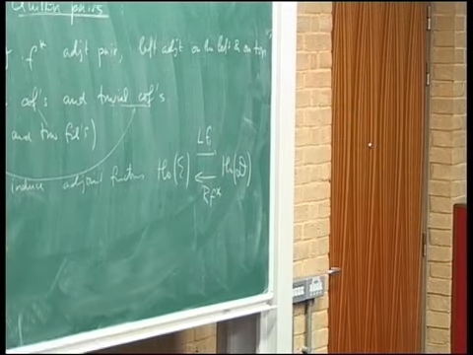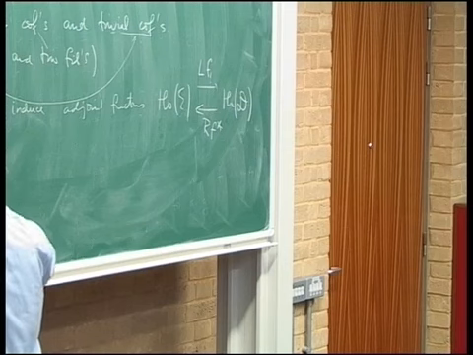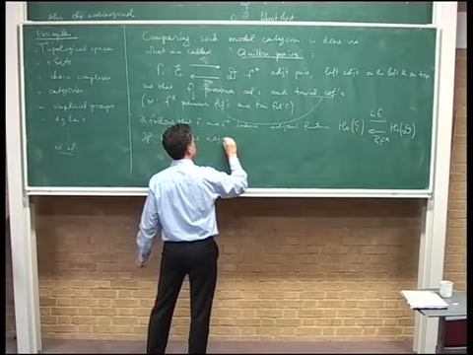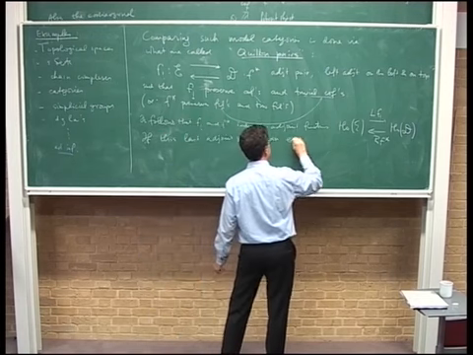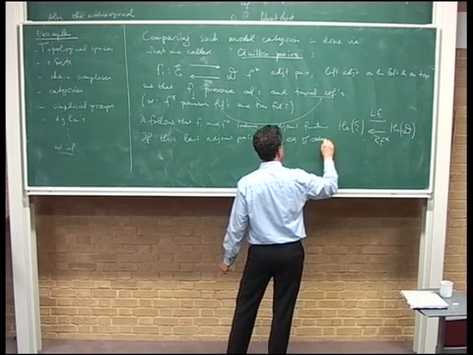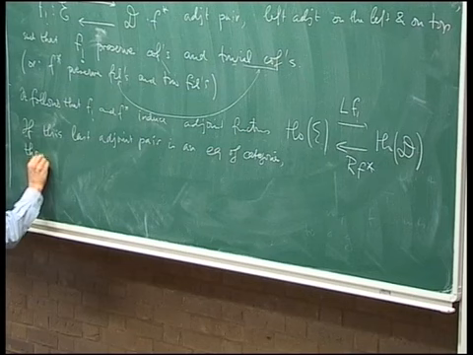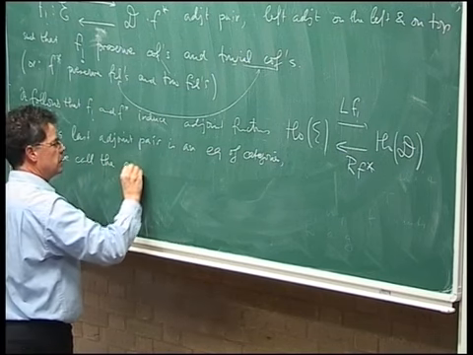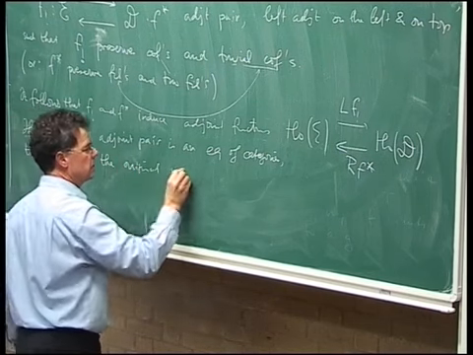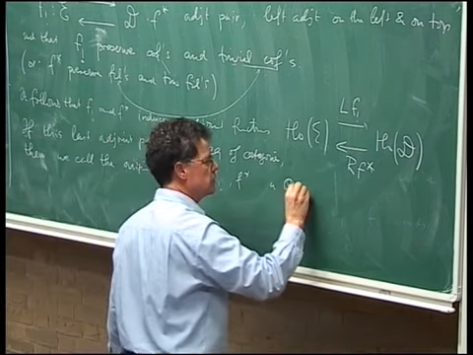Okay. And if this last adjoint pair is an equivalence of categories, then we call the original pair F shriek and F upper star a Quillen equivalence.